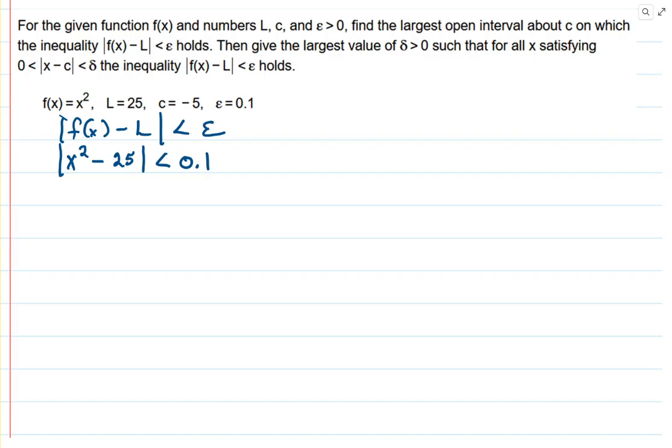Okay, now I'm going to remove the absolute value symbol. Now I'm going to add 25 to both sides.